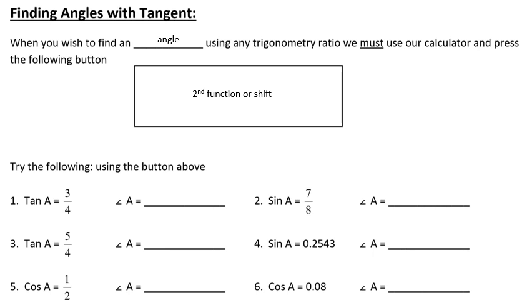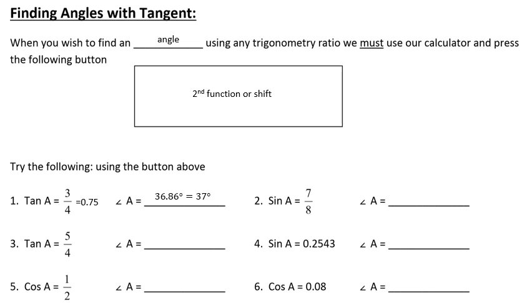So for example, tan of A equals 3 over 4. Because we're working in our calculator, fractions are a little bit difficult to deal with. So all we do is convert that fraction to a decimal by doing 3 divided by 4, which is 0.75. So in our calculator, we would press the second tan or the shift tan and 0.75, and it will give us back the angle.